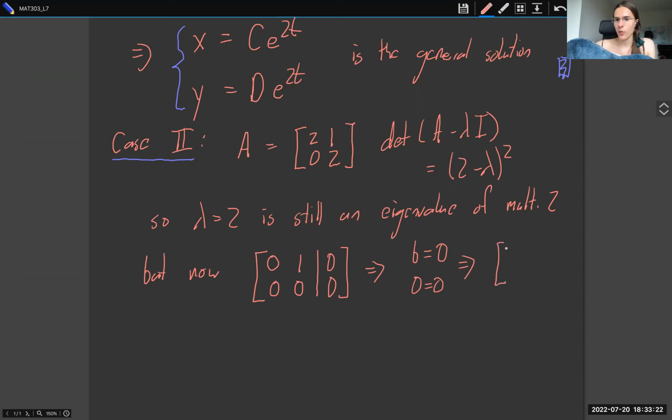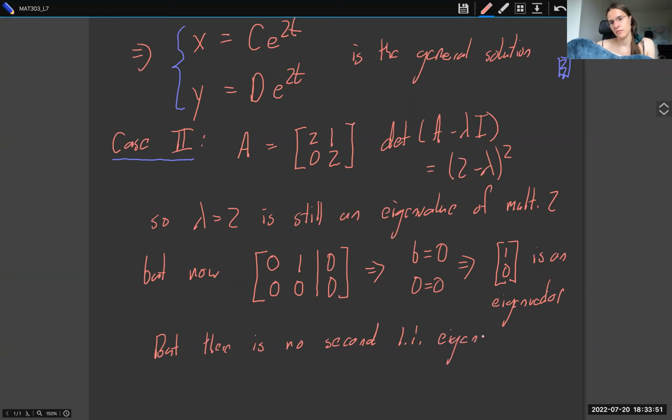So 1, 0 is an eigenvector. But we do not get a second linearly independent eigenvector. And so that's a problem.